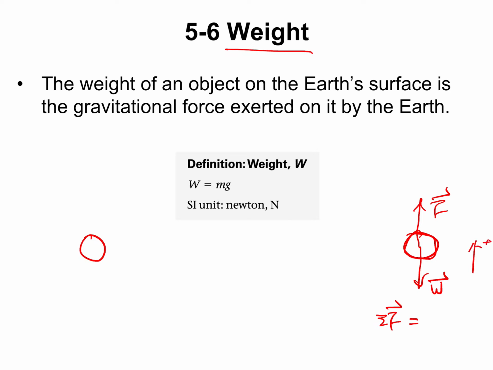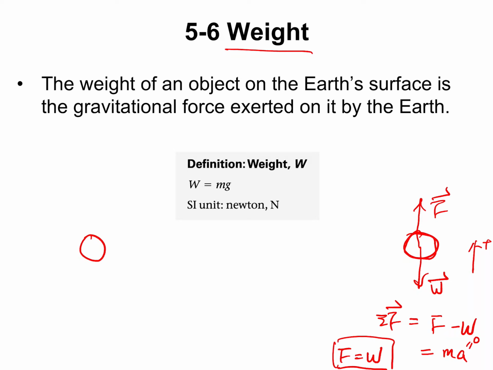So assume this is the positive direction, right? So the force from you is up, and weight is down, right? And in this case it equals ma, and a is 0 because you hold it. This guy doesn't move at all. Okay, so acceleration is 0. So you can tell F equals W, magnitude wise.